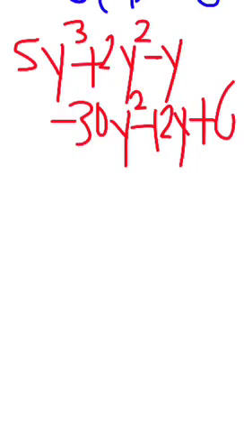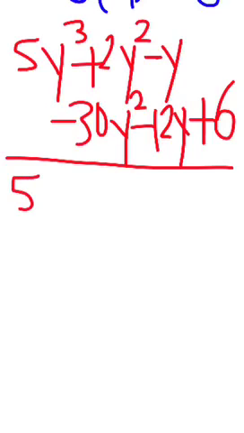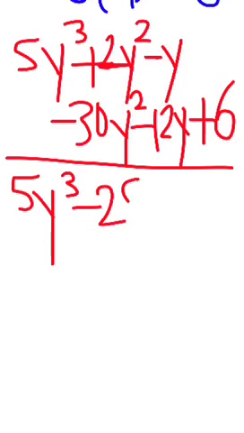And just combine like terms. Bring down the 5y cubed. The y squareds, a positive 2 and a negative 30 would give you negative 28y squared. With the y's, a negative 1 and a negative 12, you keep the signs and add the numbers together.